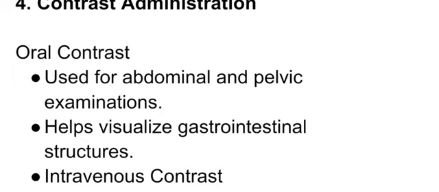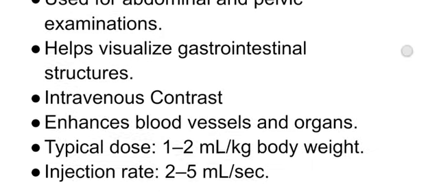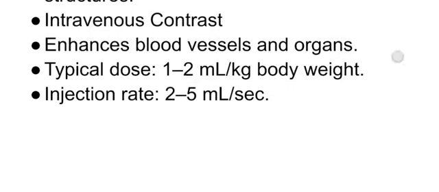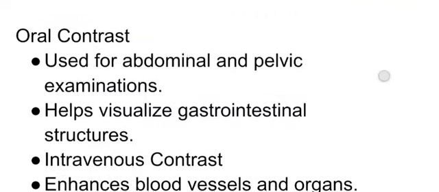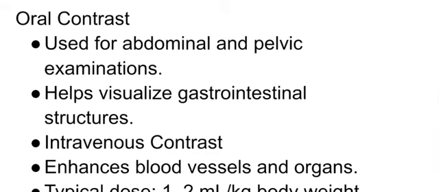Next is contrast administration. Usually in contrast studies, the patient will be given contrast by two methods, that is oral contrast or an IV line. Oral contrast is mostly used in abdominal and pelvic cases, and it helps us to visualize the gastrointestinal structures correctly.